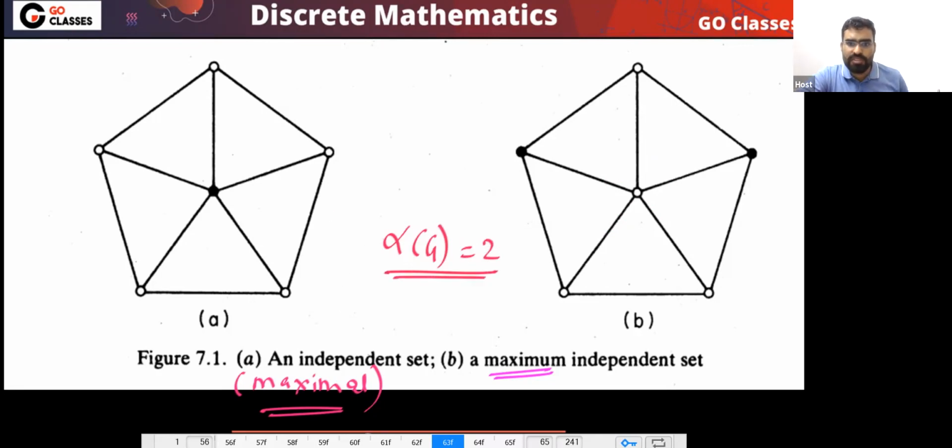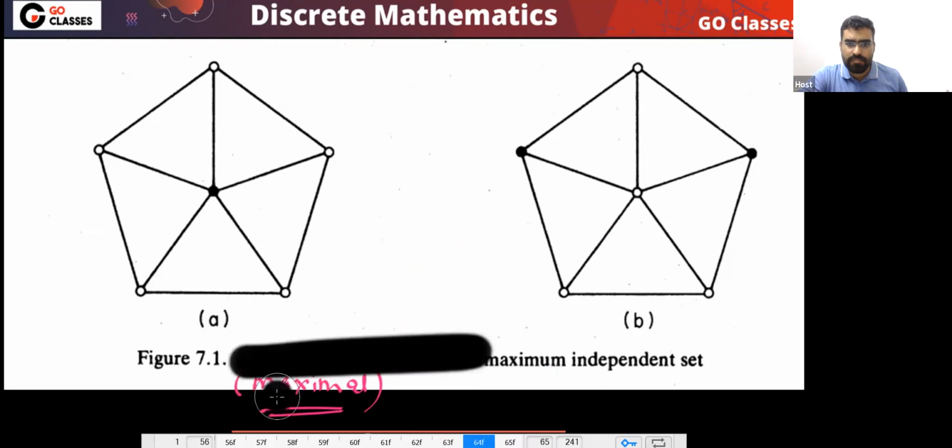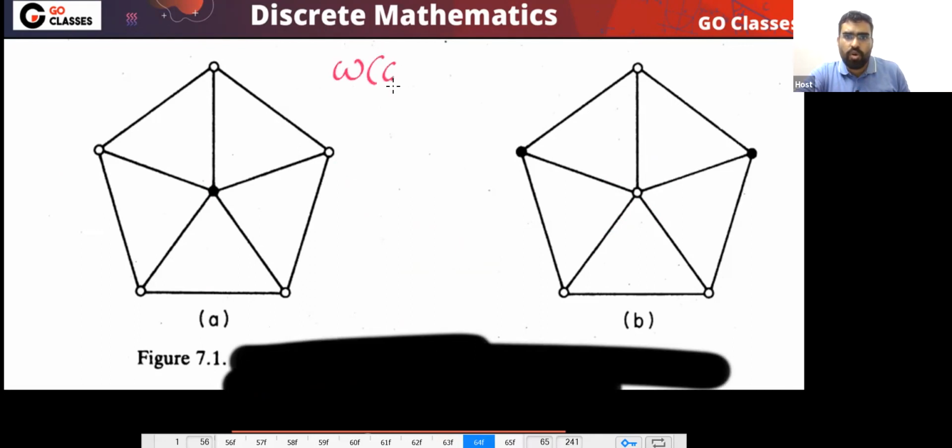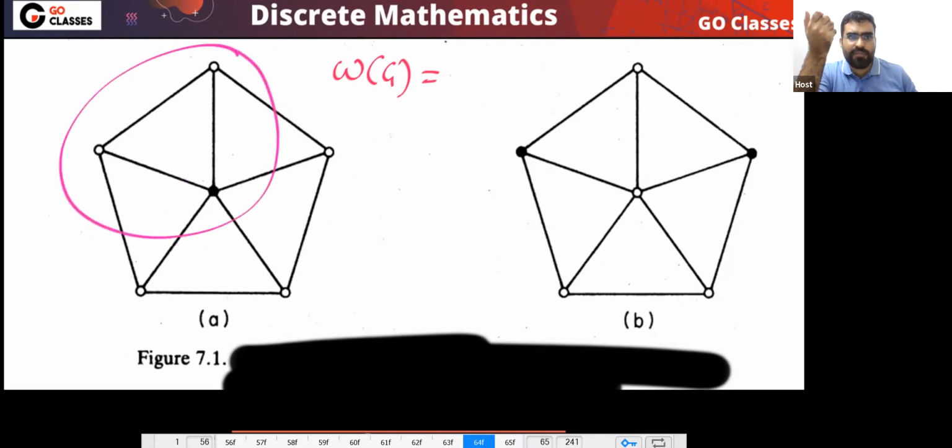Now tell me the omega of G for this same graph. What is the largest clique you can make? Just focus on what is the largest complete subgraph you have. See this K3. This is the largest complete subgraph you can create.